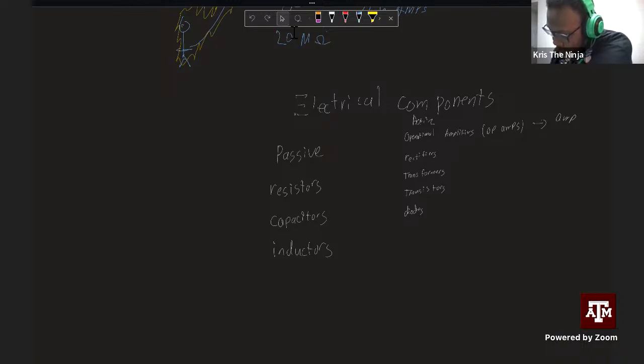These change voltages or currents. These are like switches, so they switch circuits on. And diodes prevent two-way current flow.